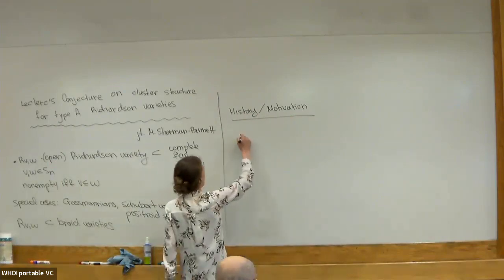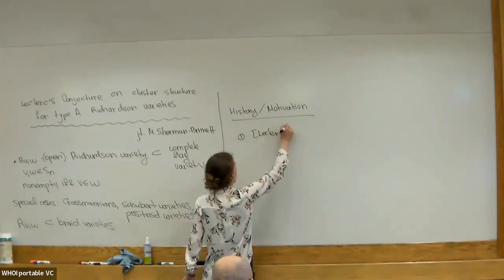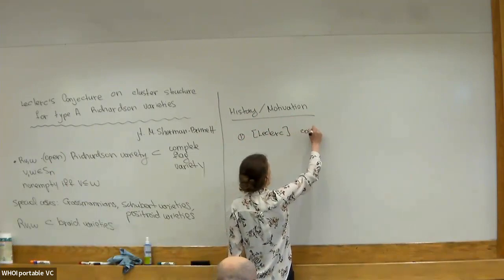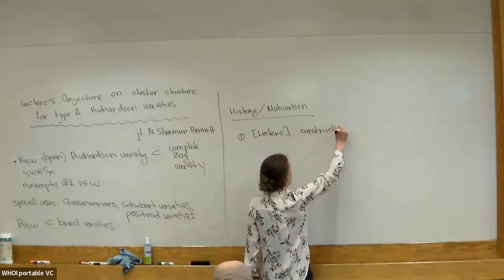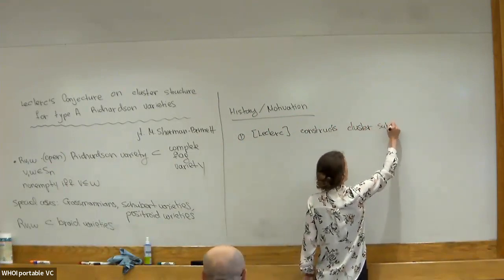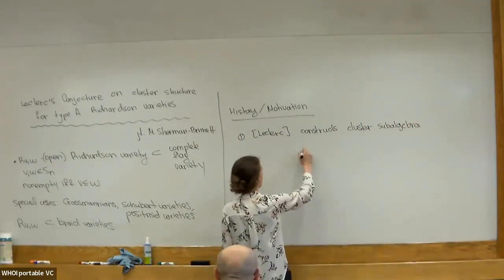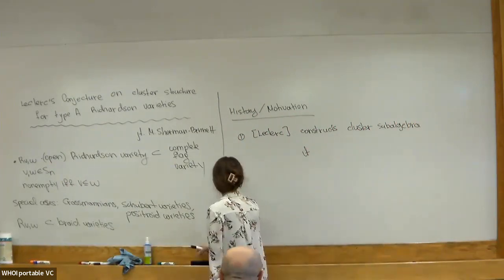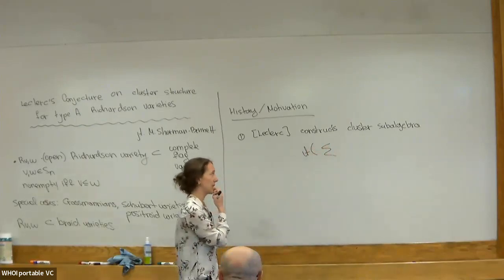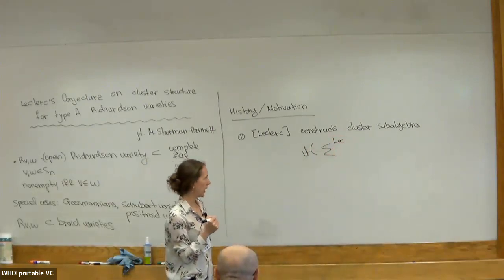And the story starts for us with the work of Leclerc, who constructs a cluster subalgebra. So I have a cluster algebra here, A, and it is determined by an initial seed sigma, and I'm going to put a superscript L for Leclerc.